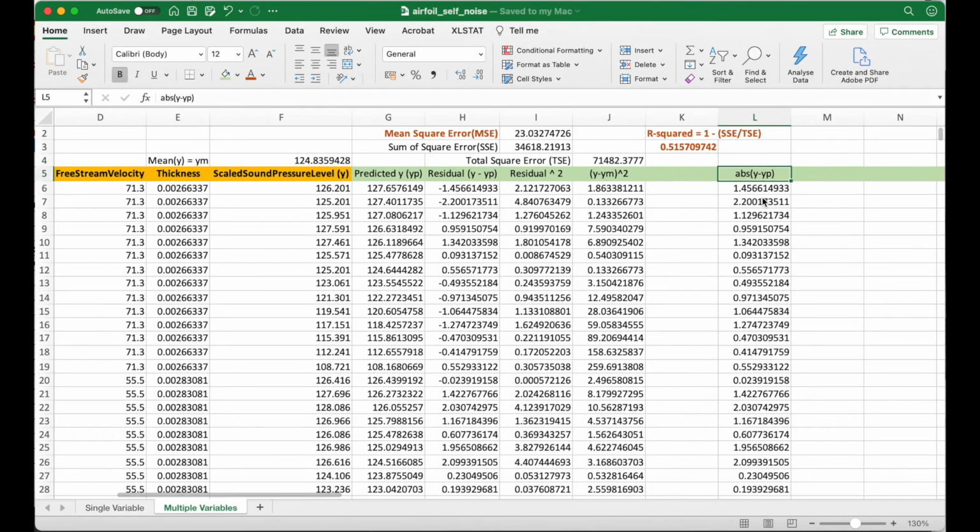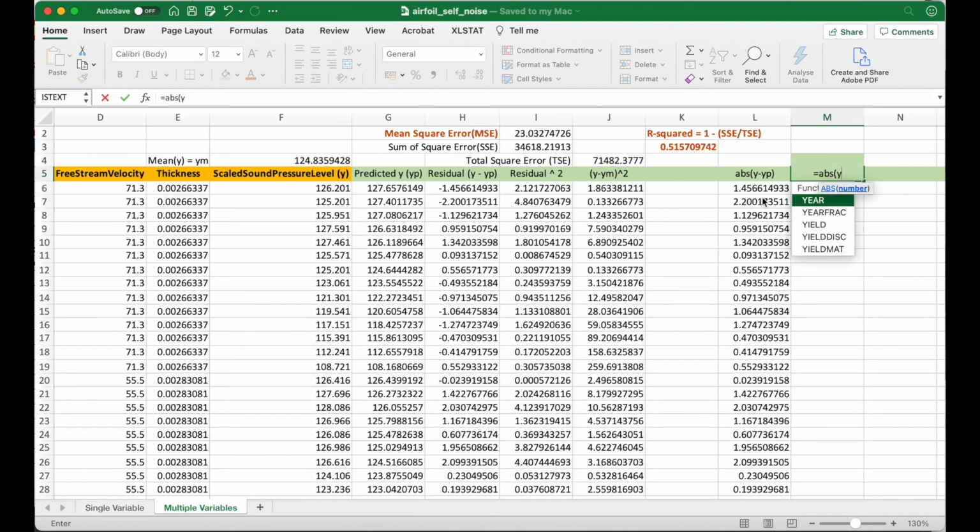So the absolute value will always be positive. Now what I could do is find out the absolute value of y minus y predicted divided by y. So if I do this, this is equal to this divided by y.